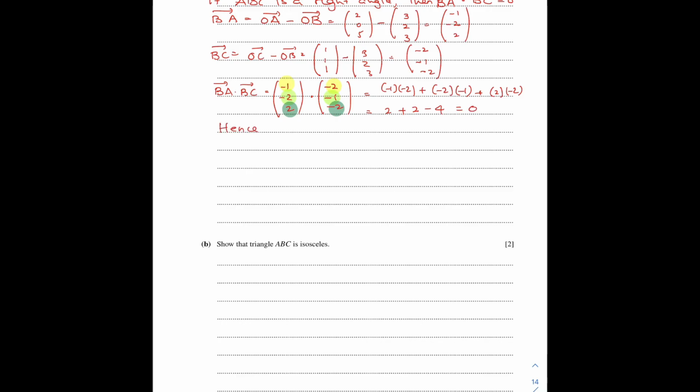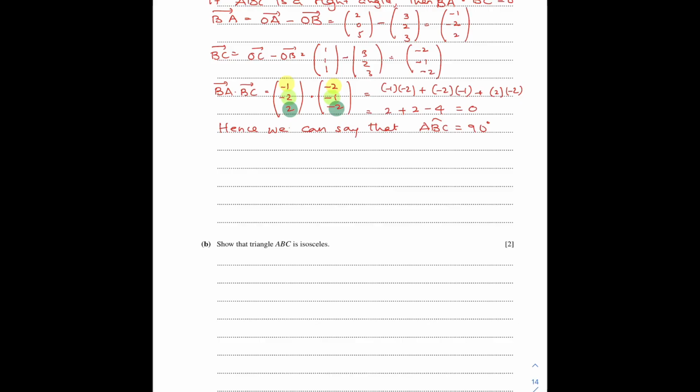That's what I'm doing. Plus 2 times negative 2, which is 2 plus 2 minus 4 is 0. Hence, we can say that angle ABC is a right angle or 90 degrees.